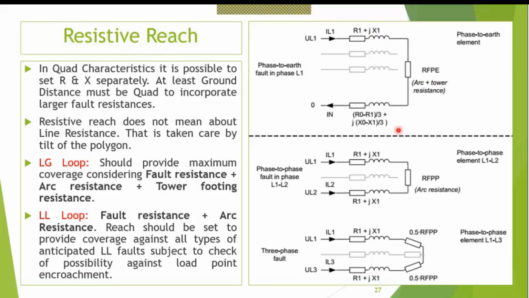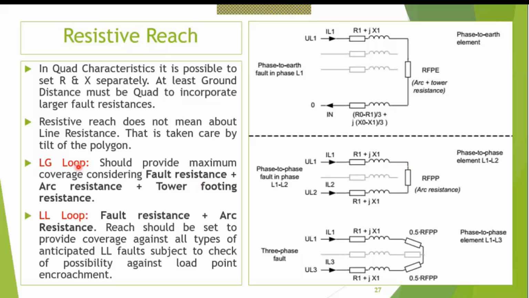So that manual you have to see and understand which parameter to set what. That means we will not set arc resistance and tower footing resistance in R1. We will set line resistance in R1. The line also has resistance. That is also to be seen. We will set arc and tower footing resistance in RFPE. And maybe the tree resistance over here also. Okay, this is what I mean over here.